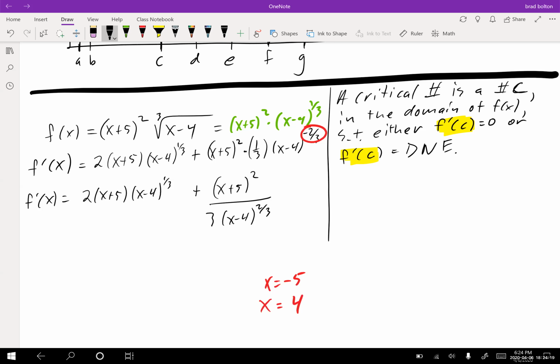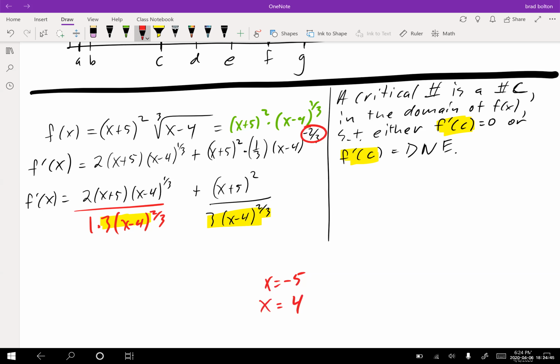Now you guys all know that if I want to make these common denominators, this is really 2 over 1. So I look over here and I say, what does this guy have that this guy needs right here? He needs a 3 times (x − 4)^(2/3). So now I would technically have the same denominators.